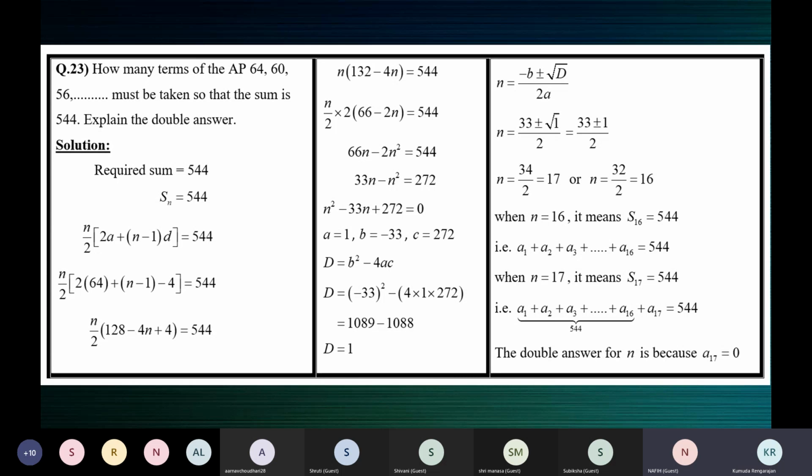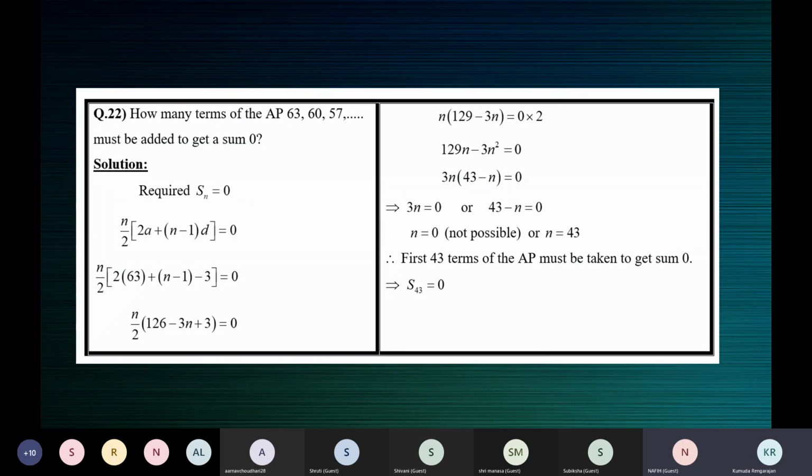So here in question number 23, we get two acceptable values for n. In question number 22, one of the values of n is 0 and the other value of n is 43. So n is 0 is not possible. 0 terms, not possible.